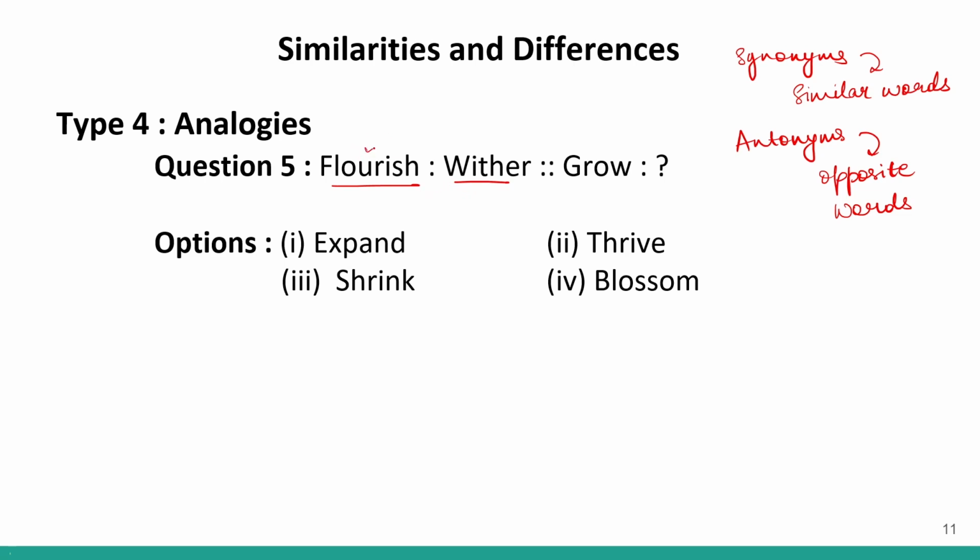So flourish is the antonym of wither. When you flourish, you're growing and expanding, and when you wither, you are shrinking down. Similarly, we have to find an antonym of grow. So thrive is a synonym. Blossom is also a synonym.